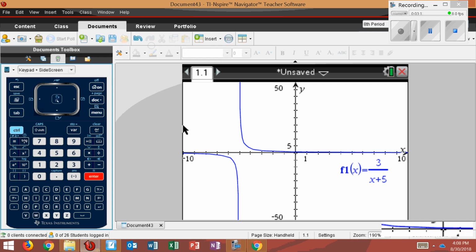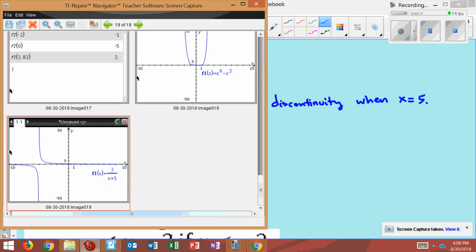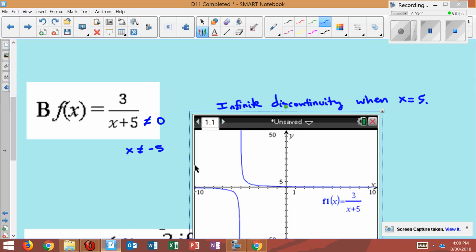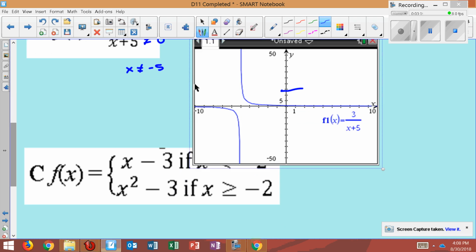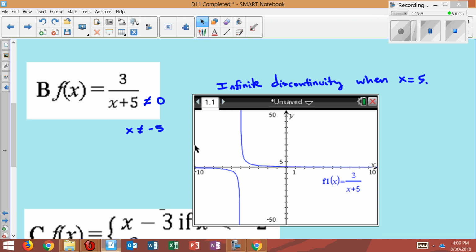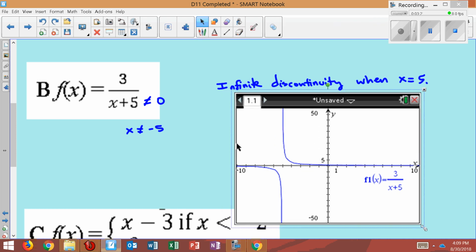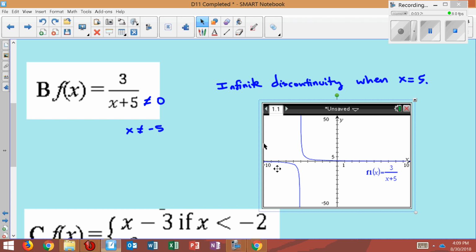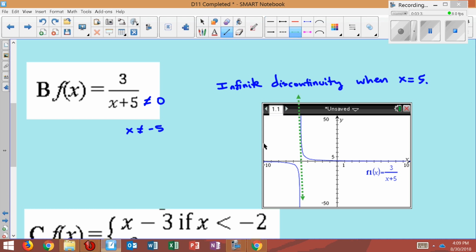And when I show the picture down here, we do in fact find out that it cannot equal -5, just like we were saying earlier. This graph cannot equal -5. I can shrink it to show you right here. At -5, we have problems.